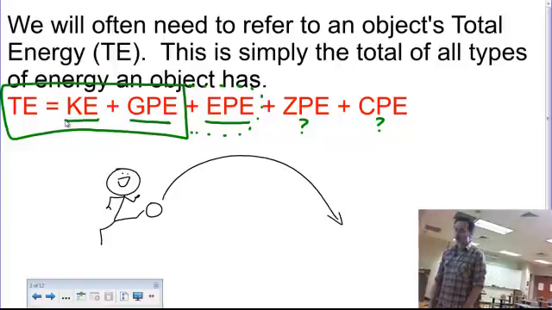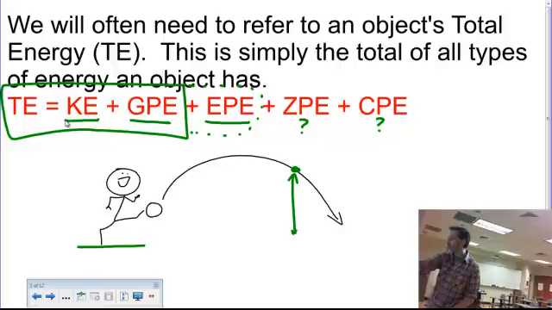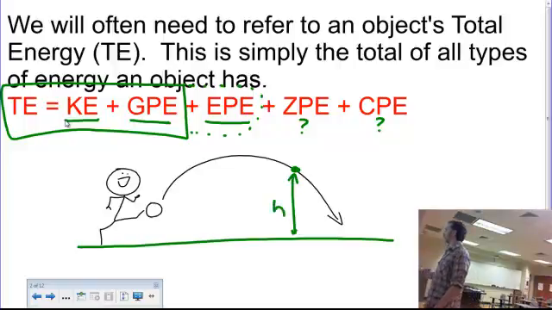If I want to find the total energy of the ball, I need to pick one specific point. Suppose I wanted to find the total energy of the ball right here at this instant. At that instant the ball is going to have height, because it's above the ground. So because it's got height, it's going to have some gravitational potential energy. Suppose we calculated that gravitational potential energy.